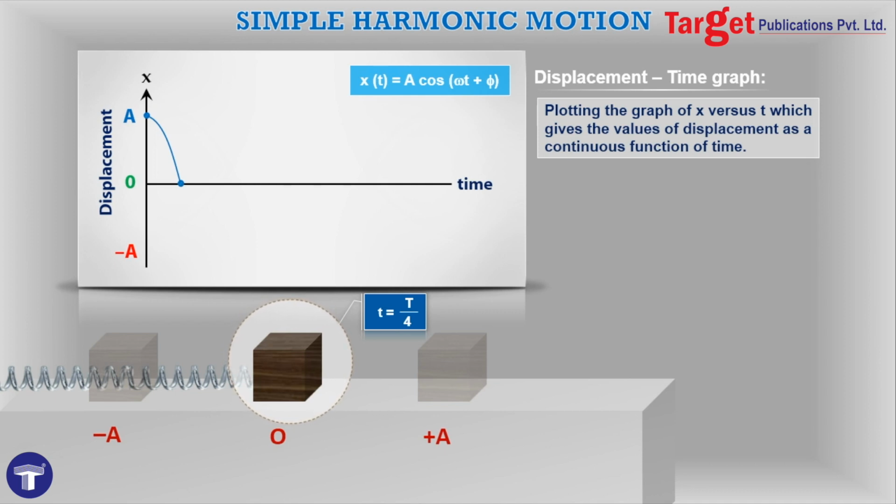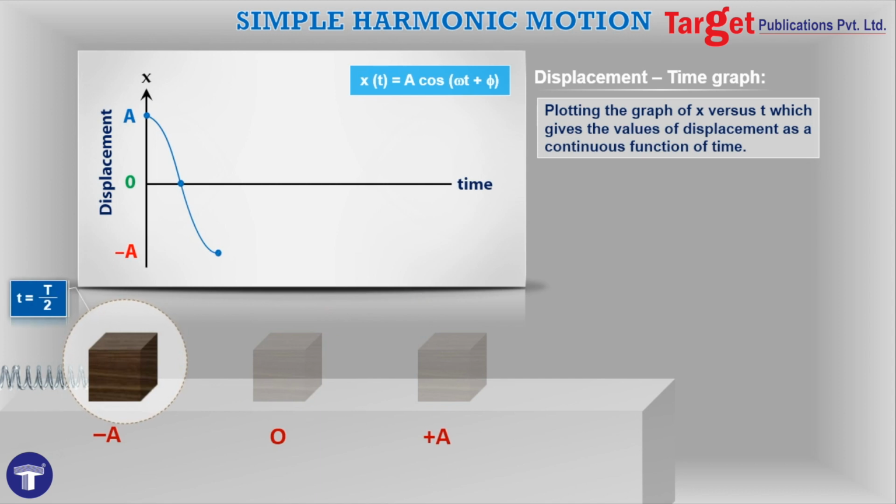And therefore, we plot the point t is equal to capital T by 4 and plot the displacement, that is 0. Similarly, now as time passes, the block moves to the other end. Now half the total time period has passed and its displacement from the mean position is minus a.